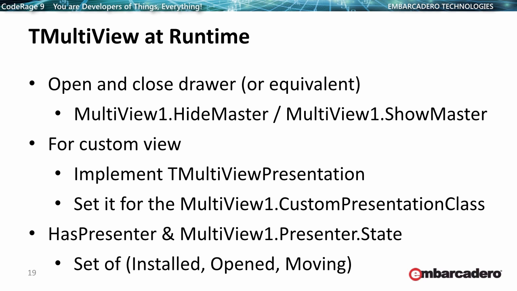It's the class that handles that. Most of the time, you're going to have a presenter, but you want to call that anyway to make sure you have that assigned. And then you can call presenter.state, and that contains a set of installed, opened, or moving. And so those are the different states the control can be in. The presenter is installed, the presenter is opened, so it's got the drawer opened, or it's moving, either opened or closed.